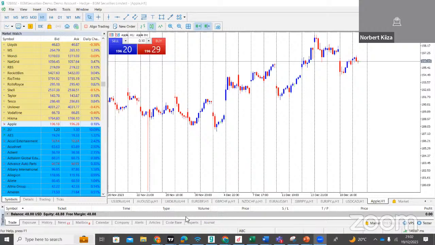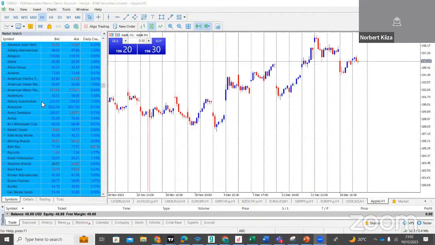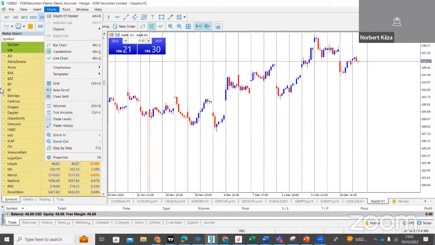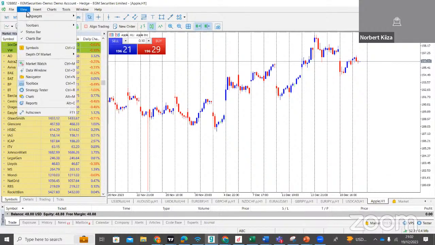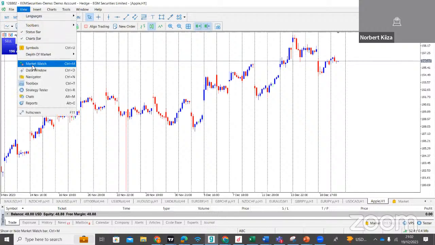So when you open your trading platform, so this is MT5, you need to ensure that the market watch is turned on. So you'd go to view, then you ensure that you have selected market watch.